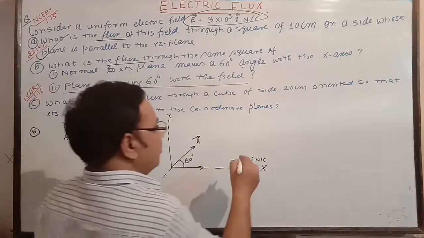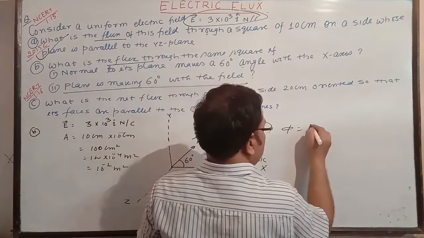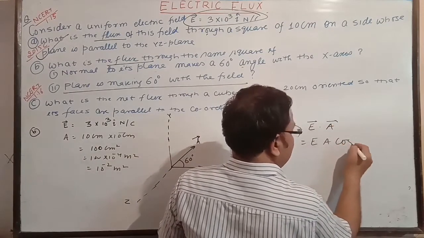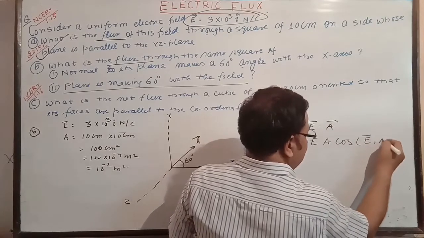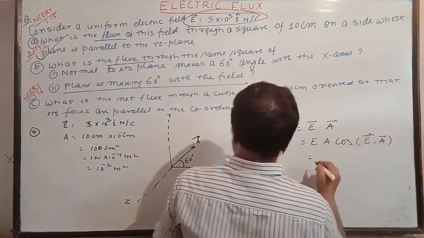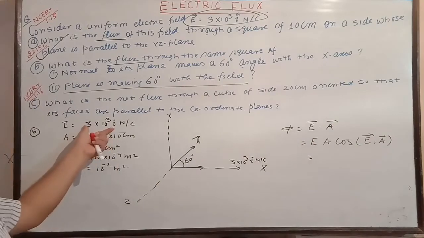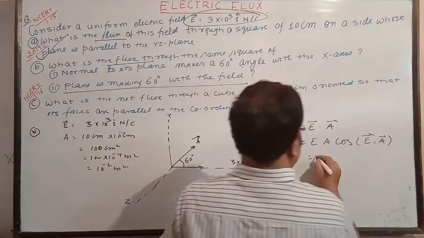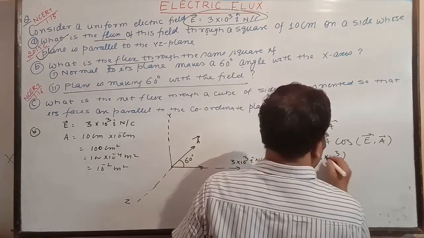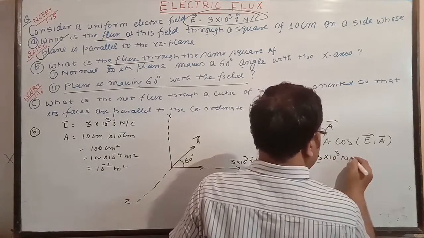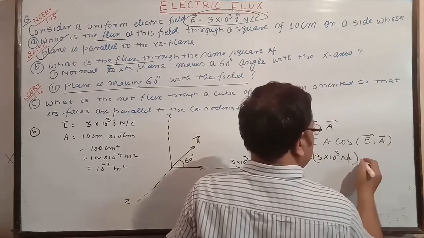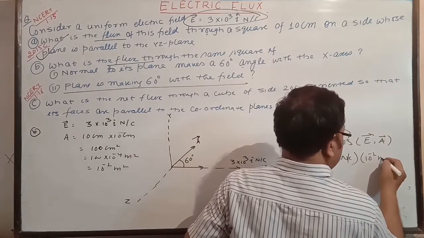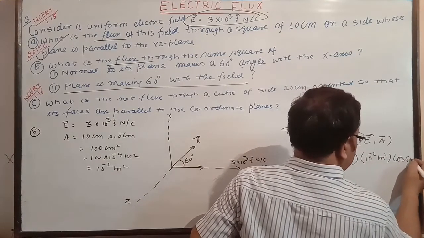You know the flux phi is equal to E dot A, the area vector. This is E into A into cos of the angle between the electric field and the area vector. So the magnitude of E is 3 into 10 to the power 3 Newton per coulomb, and the magnitude of A is 10 to the power minus 2 meter square, and cos 60 degree.